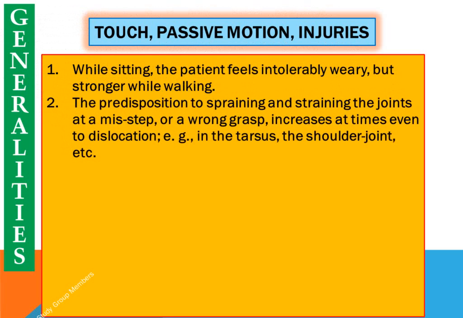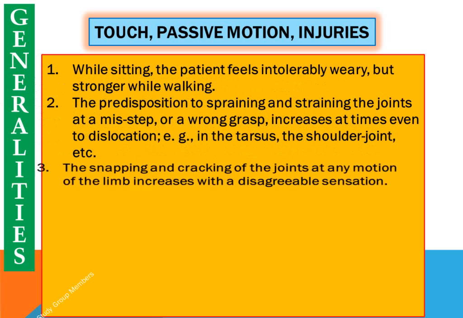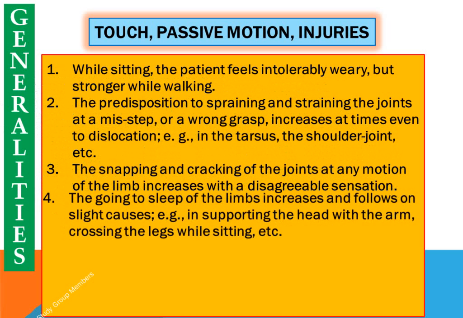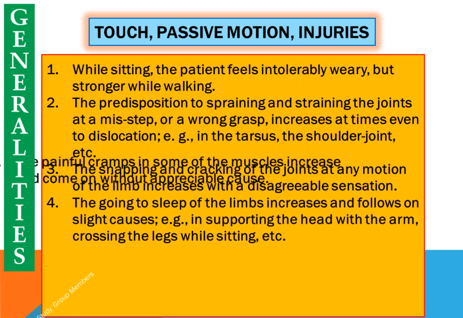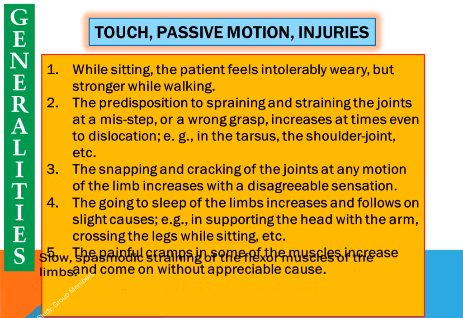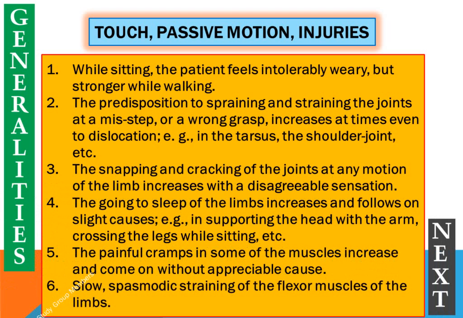The predisposition to spraining and straining the joints, which we have already noted earlier, or by misstep or wrong step, increases at times even up to dislocation in the tarsus or shoulder joint, etc. Then the snapping and cracking of the joints at any motion of the limb increases with a disagreeable sensation. The going to sleep of limbs increases on slightest cause. Then we see the painful cramps in some of the muscles.